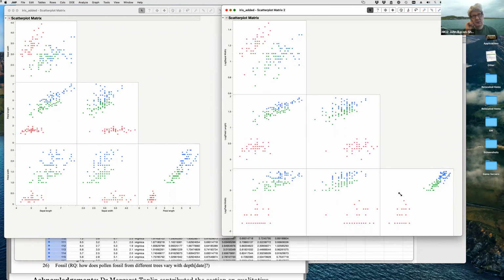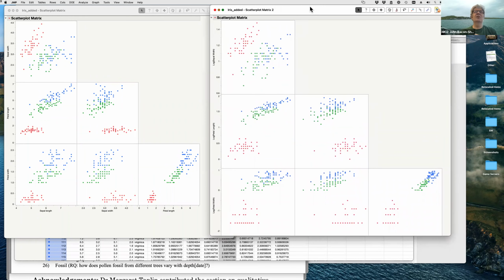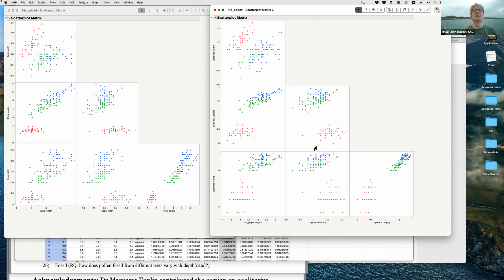Okay? So it doesn't seem to make much difference. It doesn't really matter very much whether we do this on the original scale or on the log scale. In fact, if I try to get these to be a little bit closer in size, you can see that it doesn't make that much difference. The one in the bottom right-hand corner is perhaps the one with the biggest difference.